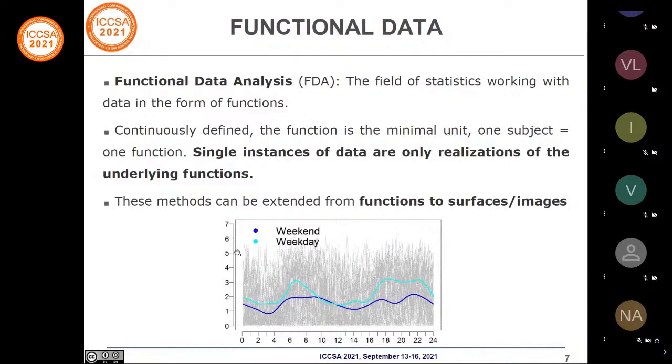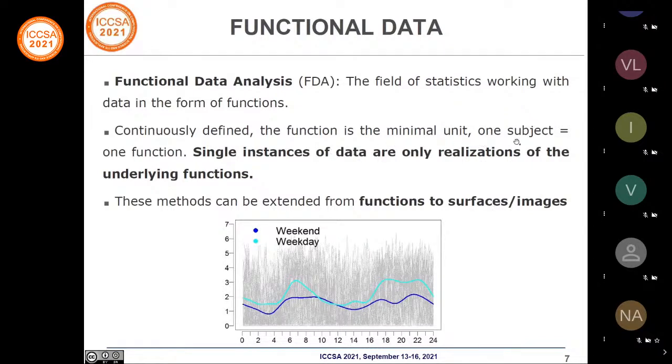For example, this is an example not related to my study. These are rain precipitations on a given day, and every function is a year. So this could be, for example, the functional mean for a weekday and the functional mean for a weekend. Basically, when we work with functional data analysis, it's not the single data point that is the minimal unit, but the function.